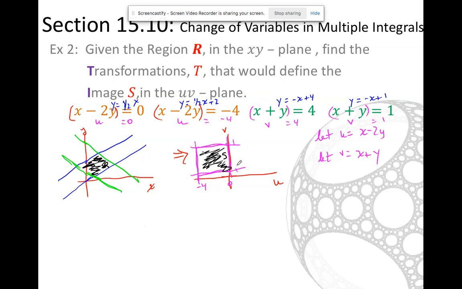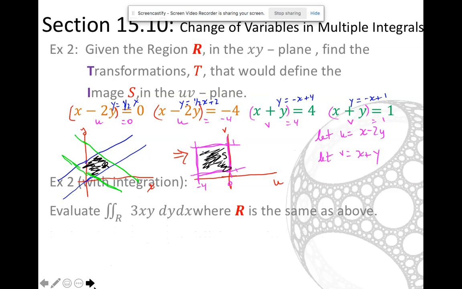So now what I need to say is, well, if I want to integrate an integrand of 3xy over that region R, the same region that I just was given, here's my integrand, here's my region of integration.